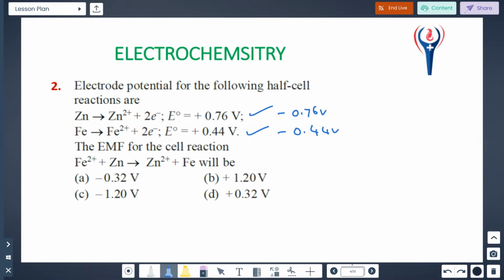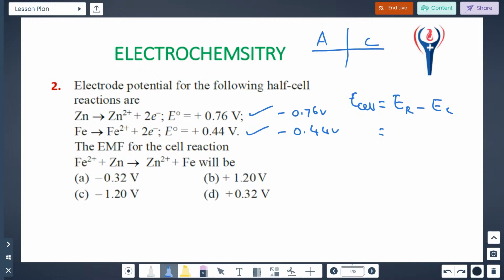So what's the formula for the cell potential? The cell potential is equal to the EMF of the right hand side minus the EMF of the left hand side. Just remember like this. Which one is more negative? That is the anode of the cell. On the left hand side we write the anode half cell, and on the right hand side the cathode half cell.